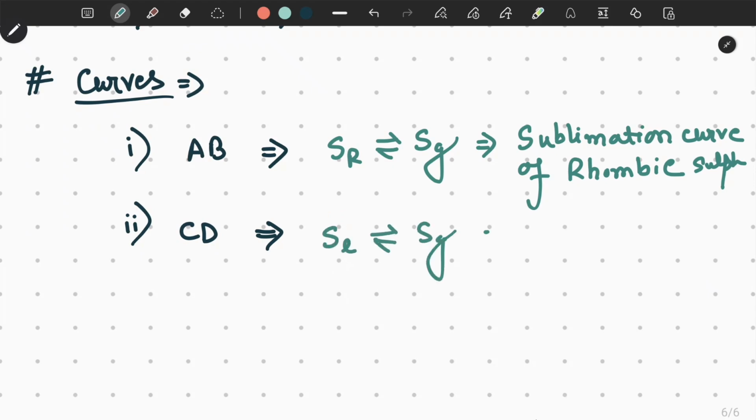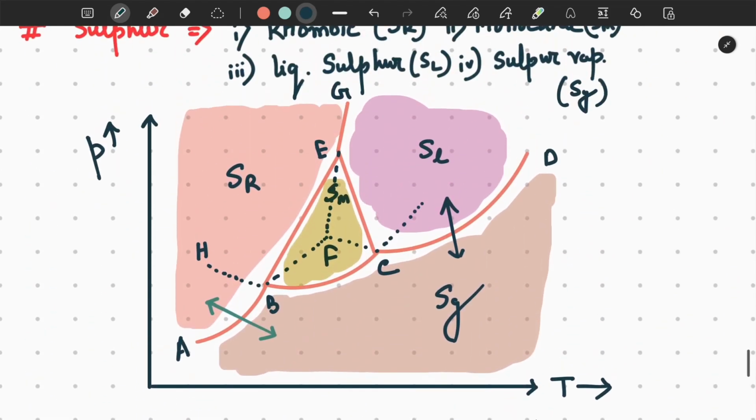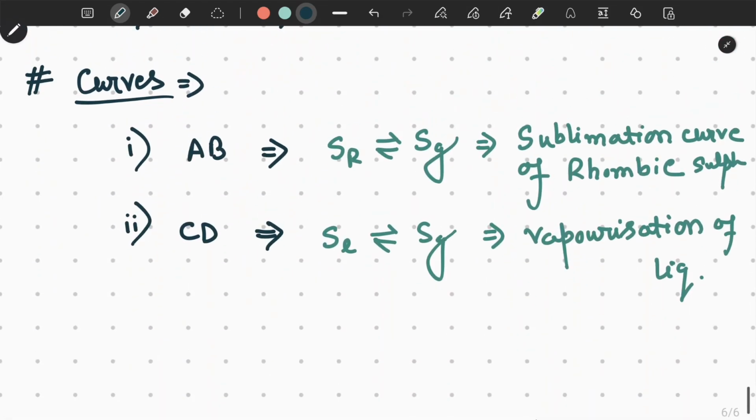So this is our boiling or vaporization. Next is this, our EG curve.